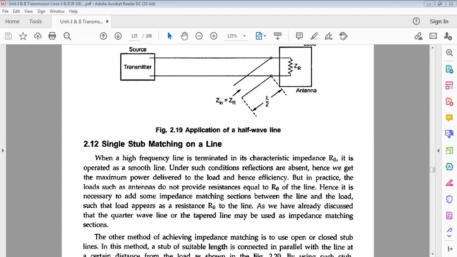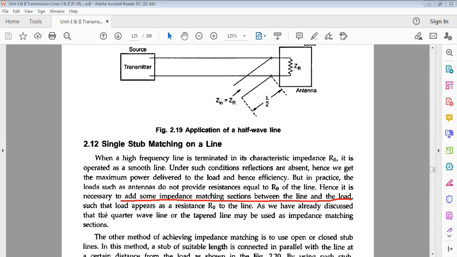Hence, it is necessary to add some impedance matching sections between the line and the load, so that the load appears as a resistance to the line.